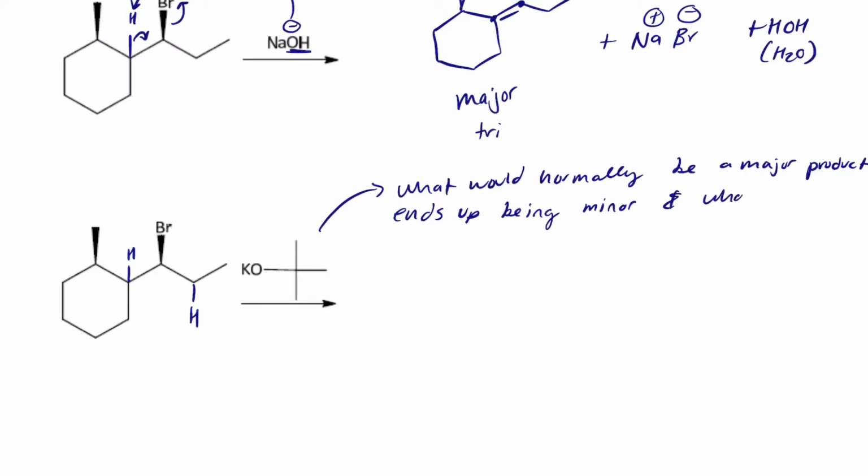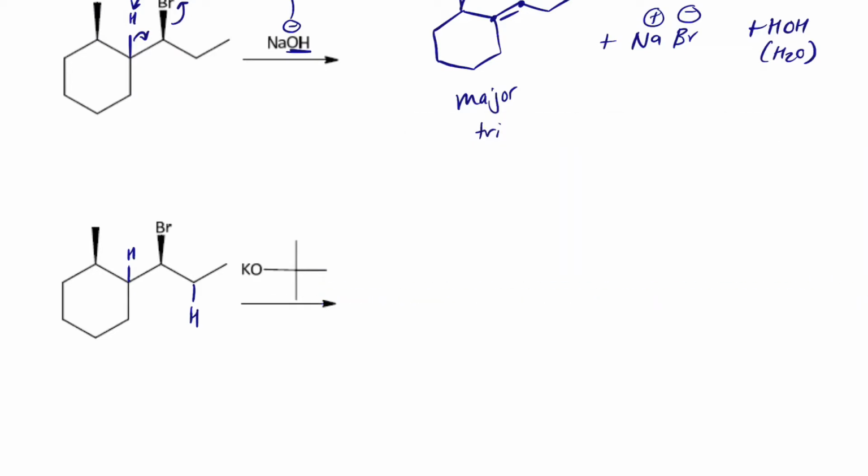And what would normally be minor ends up major. Okay, and we'll talk about why. So if you get that wrong on a test, I'm not going to count off any points here, but in college they definitely would. Okay, so our two products is we have a negative.